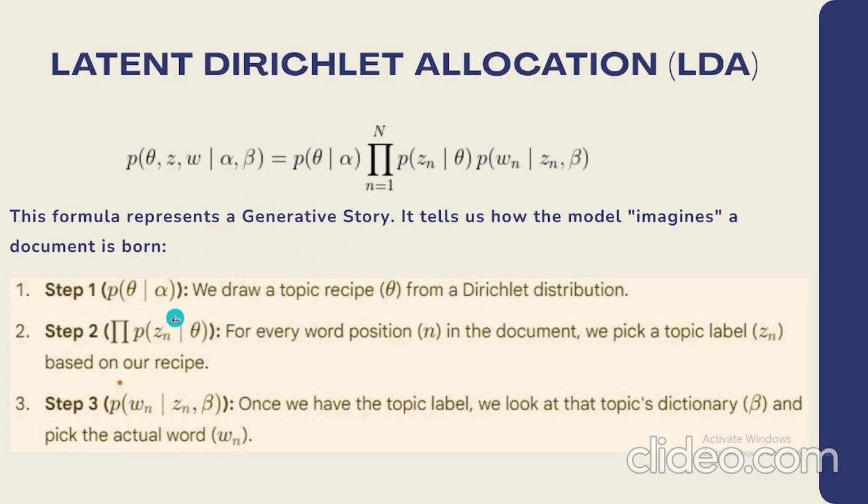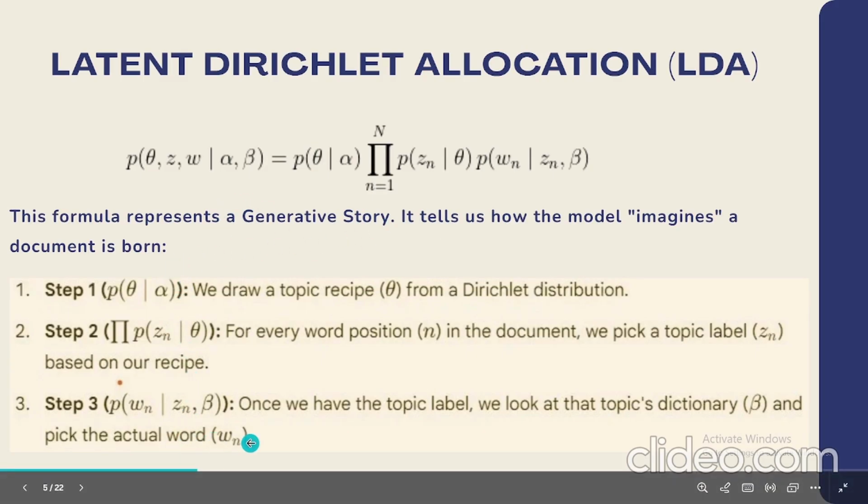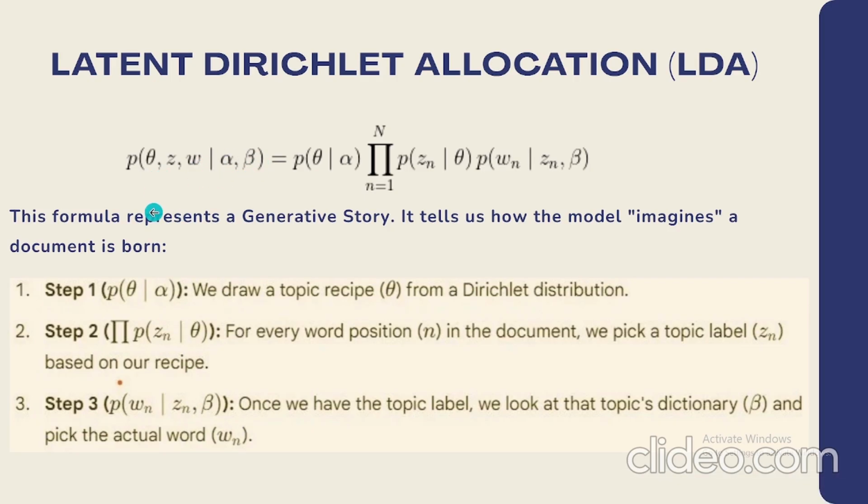This is the explanation of the terms that I have mentioned here, theta, alpha, beta, and the specific probabilities that we have. P of theta given alpha shows that we draw a topic recipe theta from the Dirichlet distribution. So we obtain this theta, which is our distribution of topics, and then for every word in position n in the document we pick the topic label based on our recipe, which is a distribution of topics.